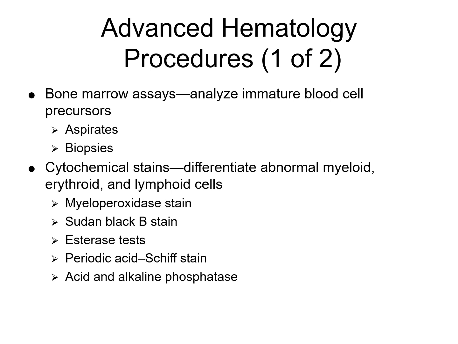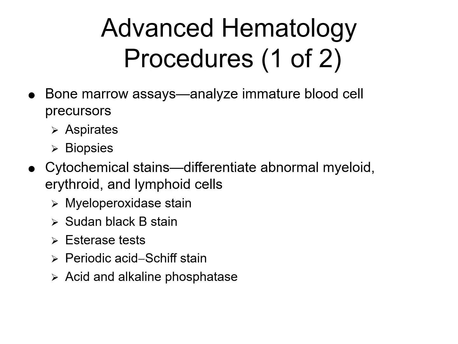Then we have cytochemical stains. These are used to differentiate and identify abnormal myeloid, erythroid, and lymphoid cells by highlighting specific enzymes or cellular components. Some of the common stains we will use are the myeloperoxidase stain, which helps to identify myeloid lineage cells. Sudan black B stain, which helps to stain the lipid-rich granules in the myeloid cells.